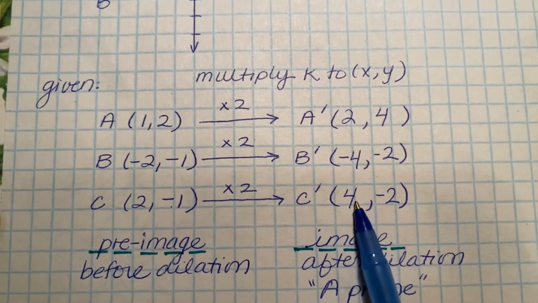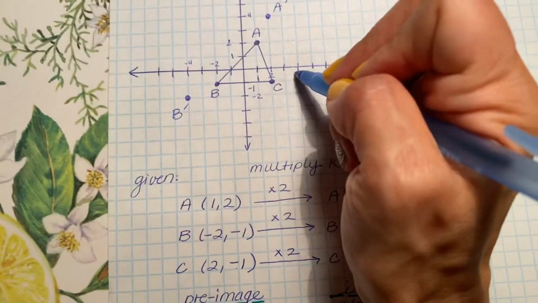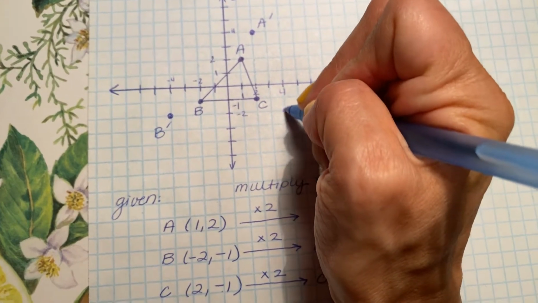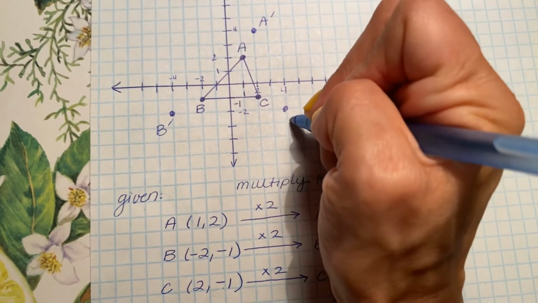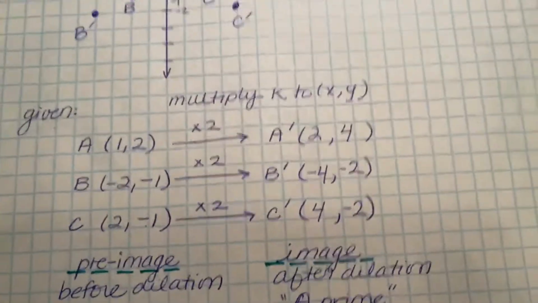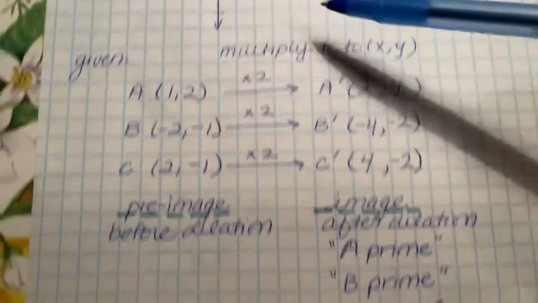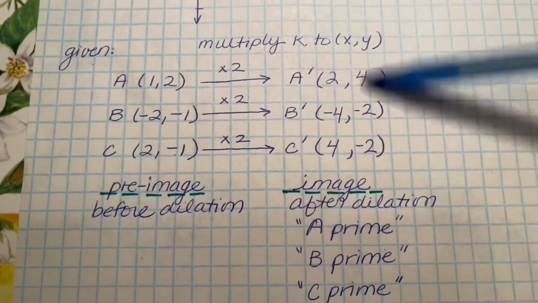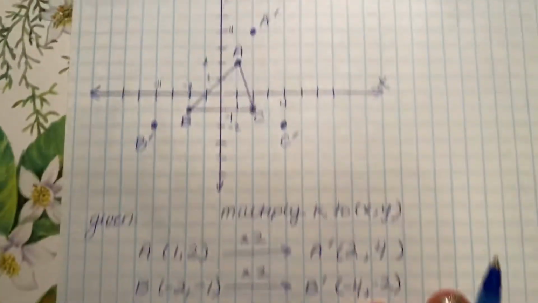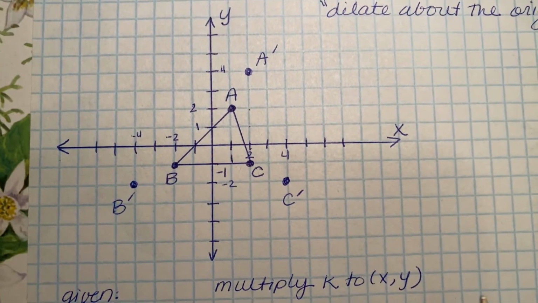C prime is 4, -2. Okay. I just so don't want to mess up. You have no idea. I'm always like, wait. Okay, so my points are plotted. This is the pre-image and this is the image. A prime, B prime, C prime. That's it, okay? So now I need to connect.